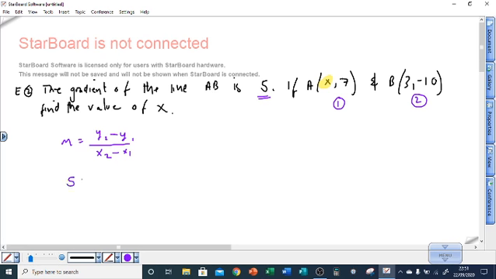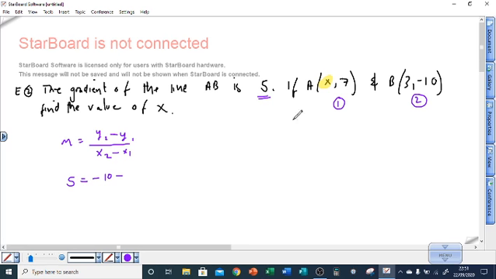So 5 is equal to the result of y2. Well, is that x, 7, 3 or minus 10? y2, it is the second coordinate and the y value. So that's minus 10. Take away whatever y1 is.